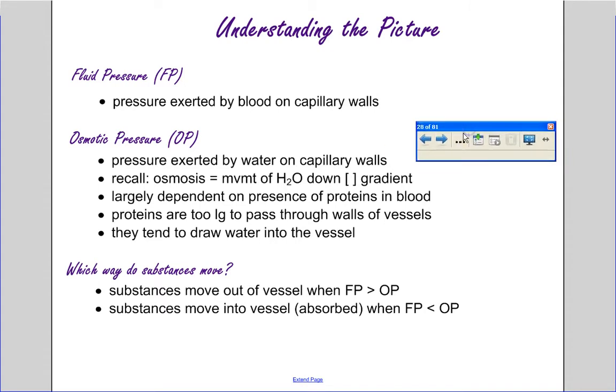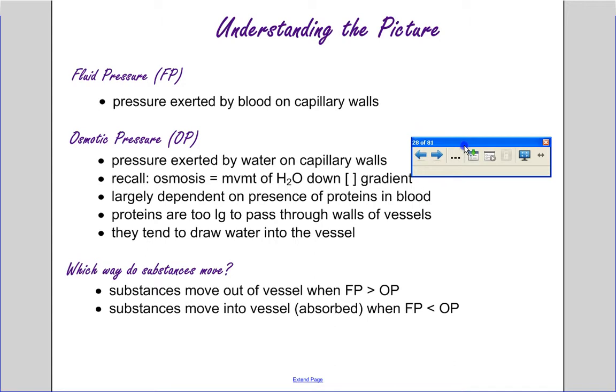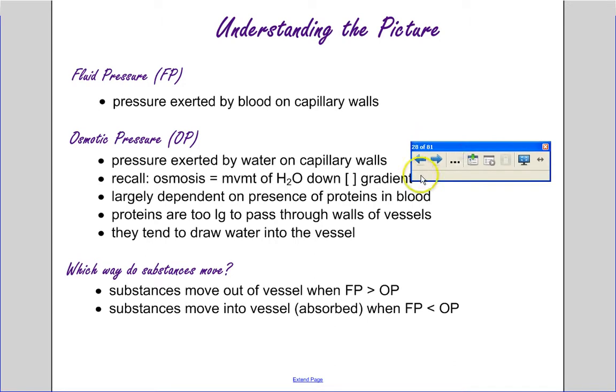It's largely dependent on the presence of certain proteins in the blood that kind of draw water in. The proteins are too large to pass out into the tissue area, so they stay within the blood vessels in the capillaries and they draw water in.